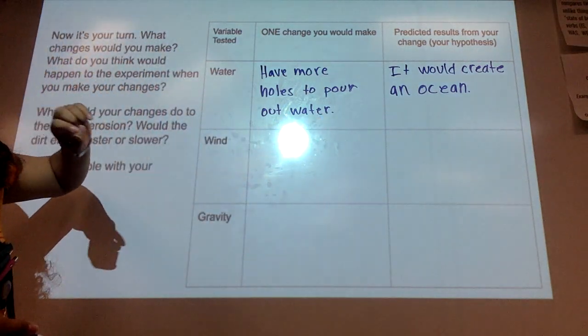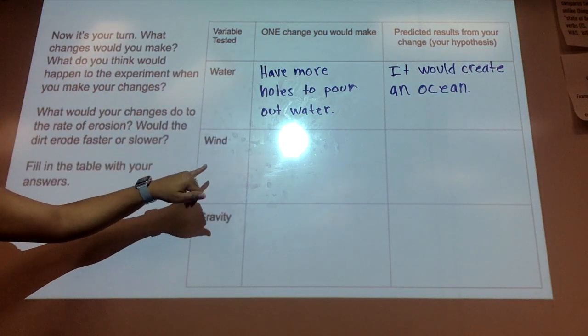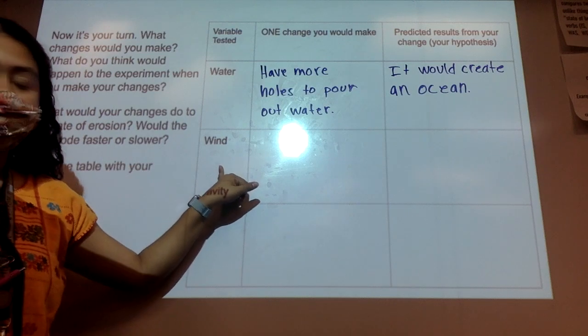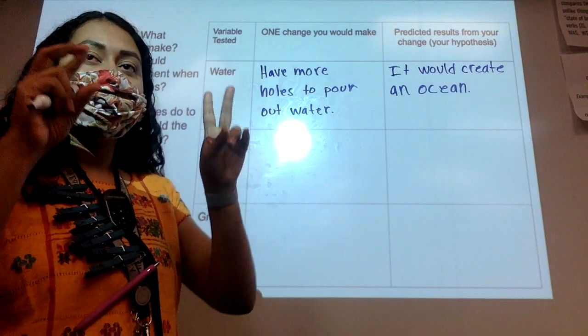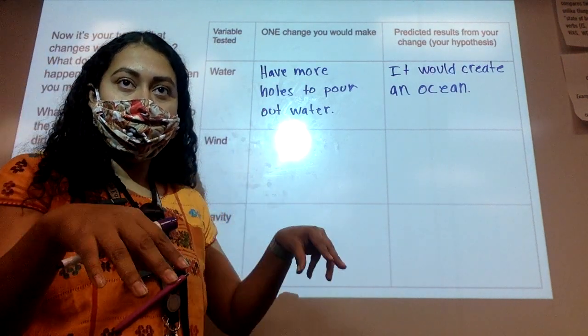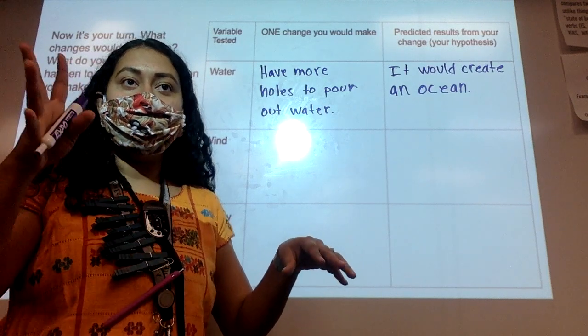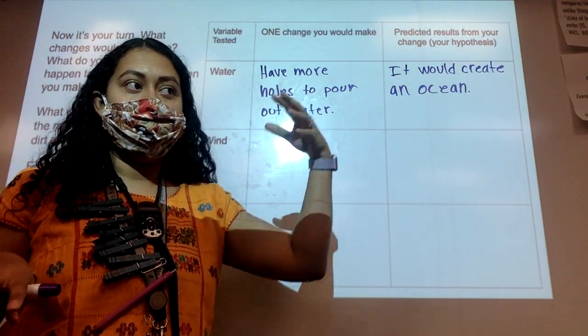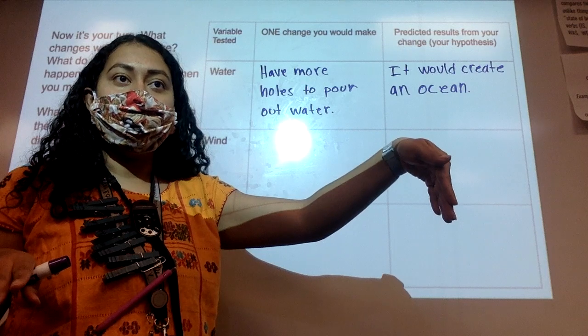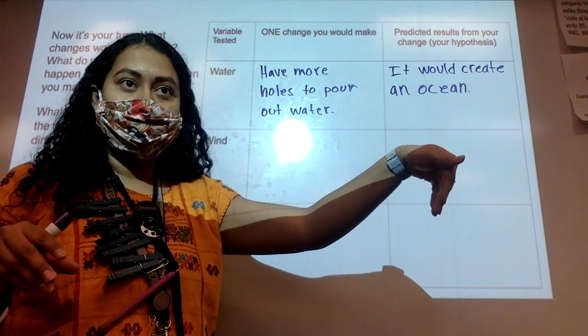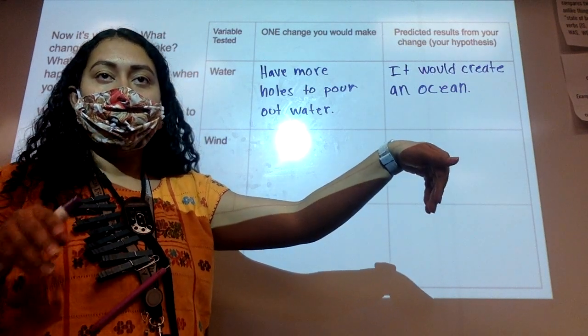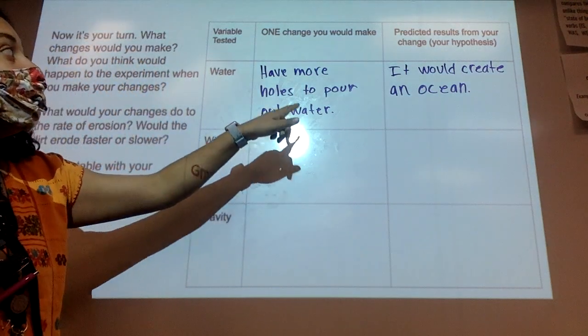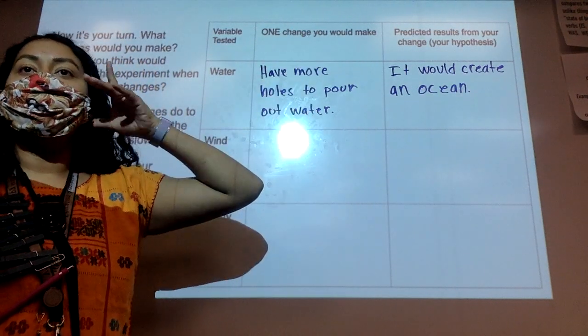Okay. So now, for the wind investigation, that was where we had the dirt on the tray, and then we had the fan on one side, and then a tray standing up to collect the flour on the opposite side. Okay, so what was the result of what happened?